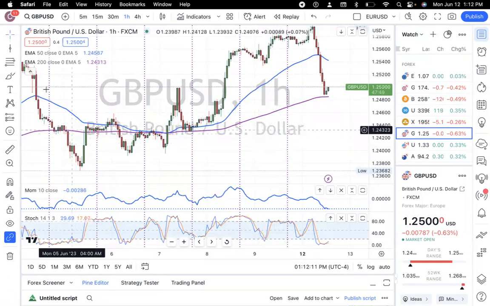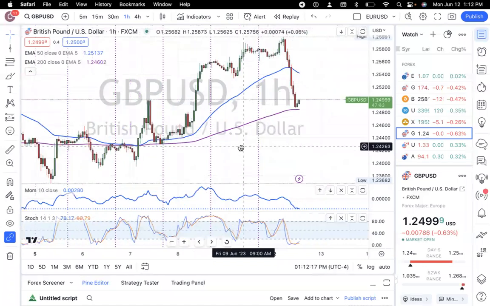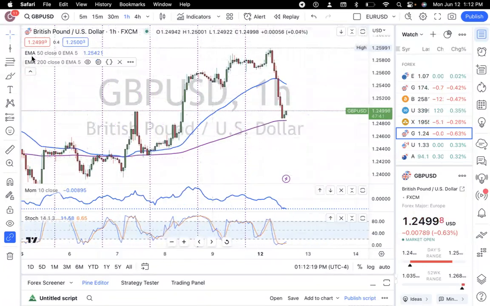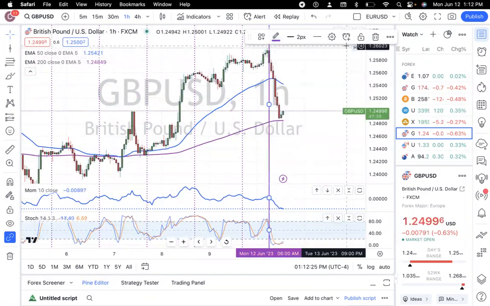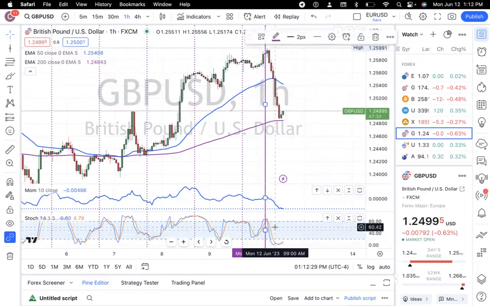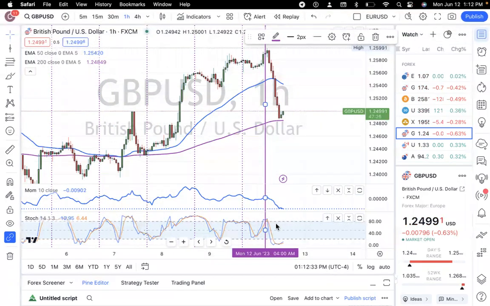Now, what we're going to do right now is just go through and highlight some examples of the cross up or cross down, and we're going to see what actually took place when that happened. So the most recent cross down took place here. I'm just going to put a vertical line there, so we can see that the cross down happened somewhere right here.